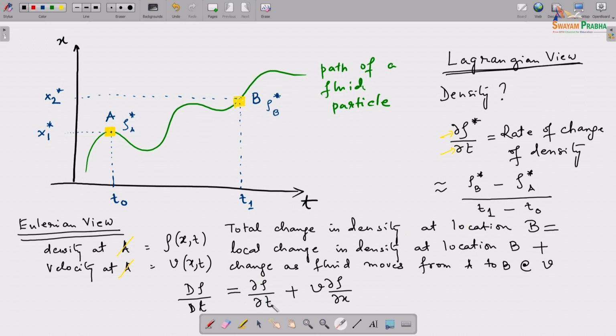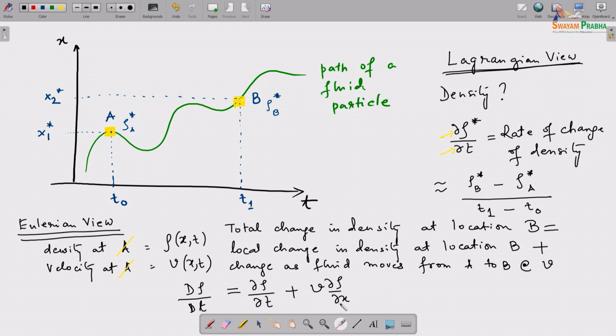What I am trying to get at is that the dimension of the two terms should match, otherwise I cannot put these two terms together. So in the sense that you understand this, right, local change in density at location B, right. So what am I saying physically, what does this term mean? So there is a change in the density as I move in x, right, but at what rate? That is the velocity which decides that, right.